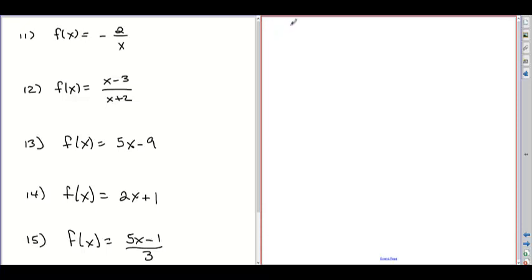Okay, so let's do the last three. These are just some more examples of ones that are more likely to be what you would see on the test. Okay, so we've got f of x equals 5x minus 9. So we replace f of x with y. We'll go ahead and switch the variables.